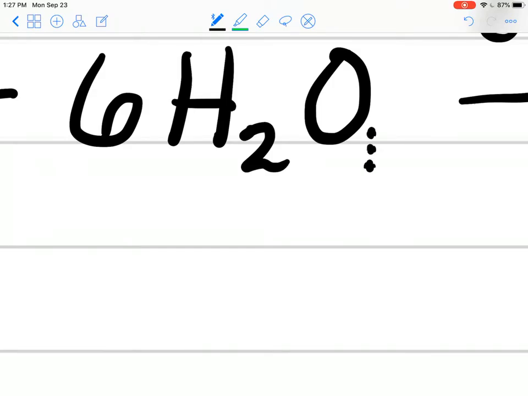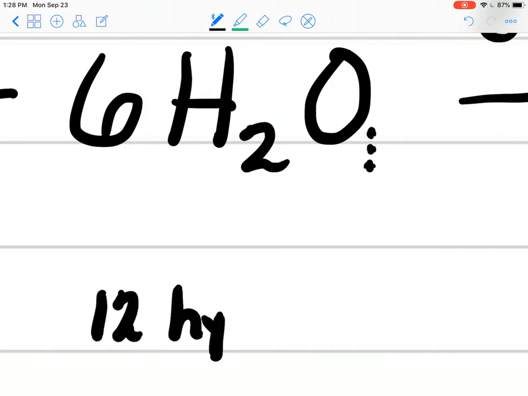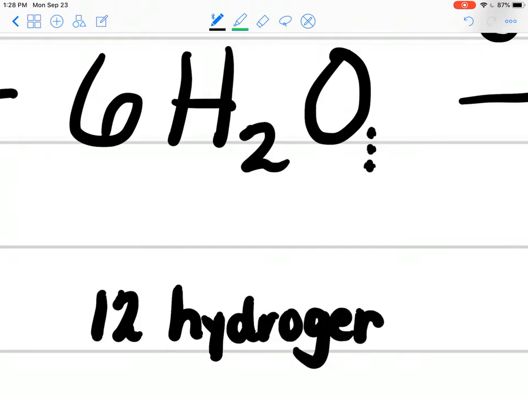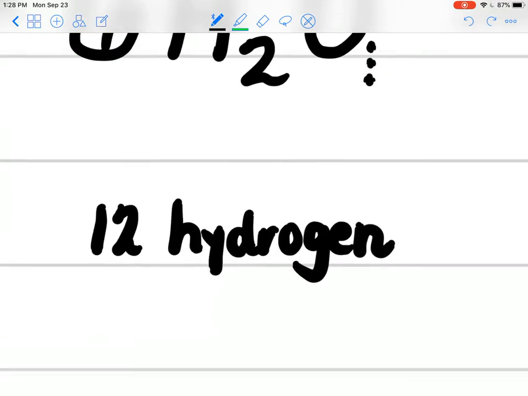Remember, you can put your ghost in there. So here is 6 times 2, that's 12 hydrogens. And then 6 times 1 is 6 oxygen.